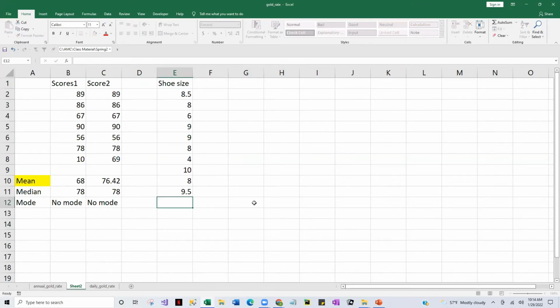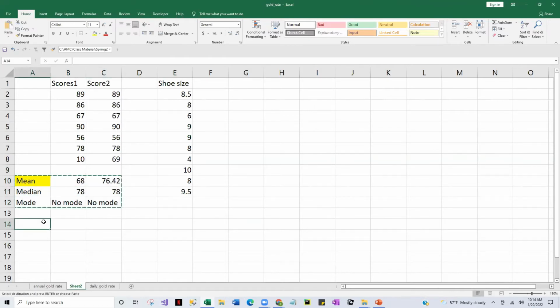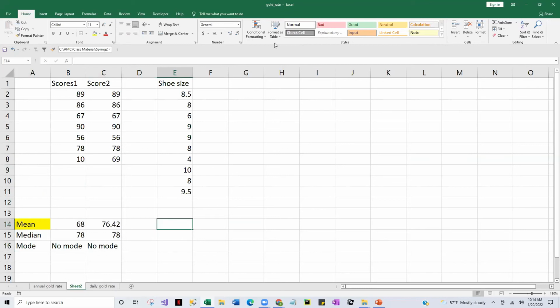Okay, can you find the mean for this one? So mean is going to be... Is it 8? Yeah, mean is 8. And we want median.